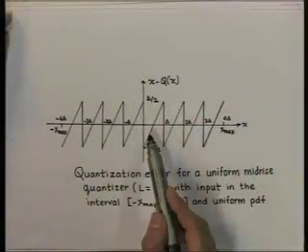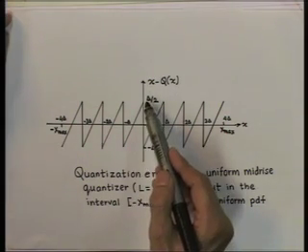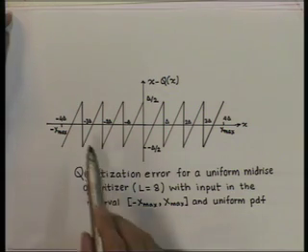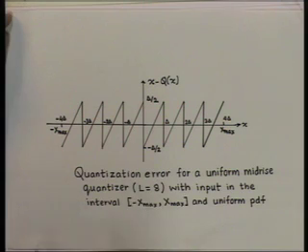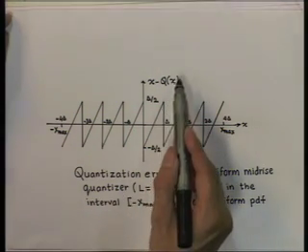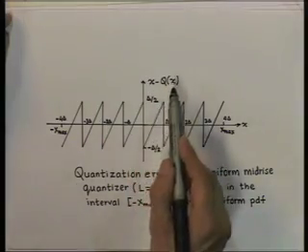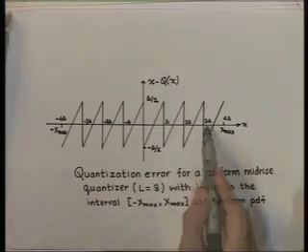Therefore, the quantization error lies in the interval minus delta by 2 to plus delta by 2. Now, as the input has a uniform PDF, it is not difficult to show that the quantization error Q is also uniform over this interval.